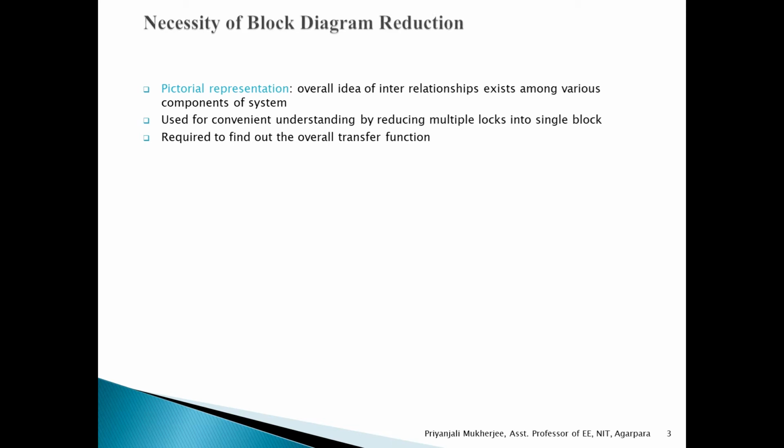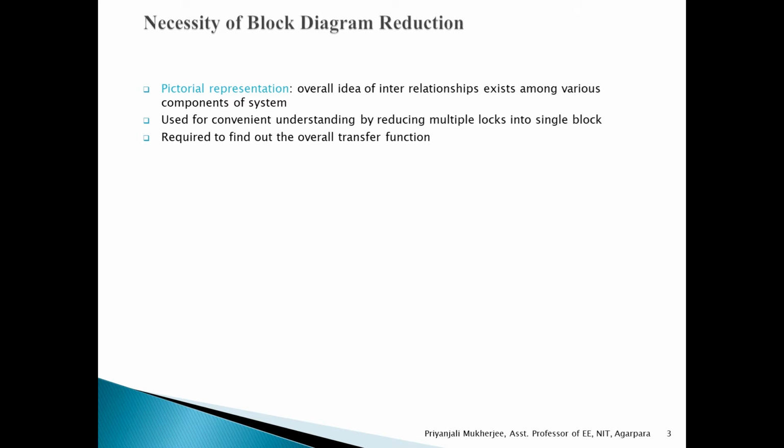So first, what is a block diagram reduction? Actually, a system consists of a number of components. The function of each component is represented by a block, and all the blocks are interconnected with each other. Hence, a block diagram gives an overall idea of the interrelationship that exists among the various components of the system.